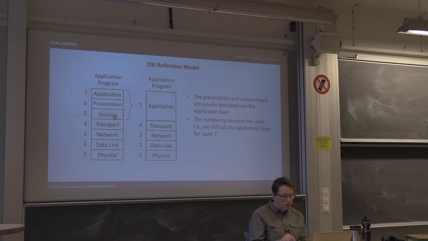The reason is that the session and presentation layers really didn't do much, so they were very thin. So they were bunched into what's known as the application layer. However, the numbering was kept, so it's 1, 2, 3, 4, 7. There is no 5 and 6 on the right-hand side, because 5 and 6 have been merged into layer number 7.